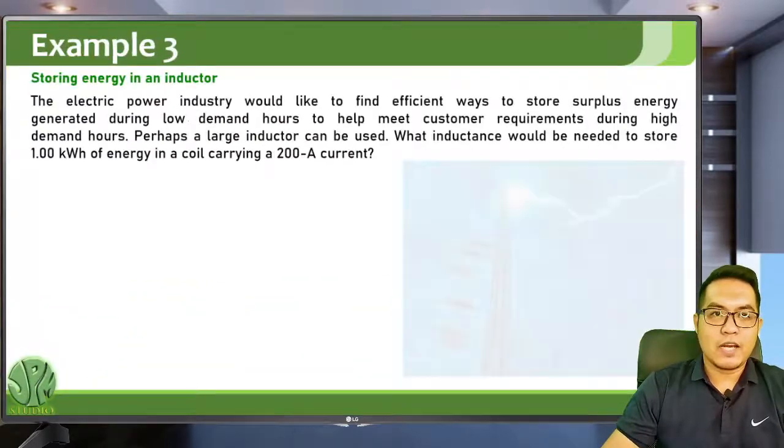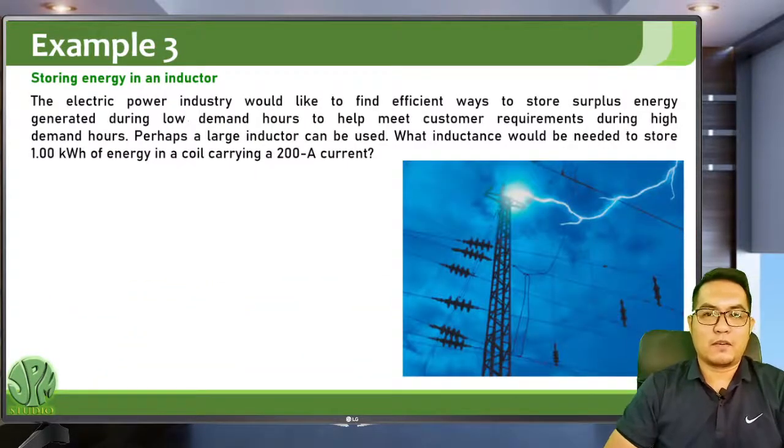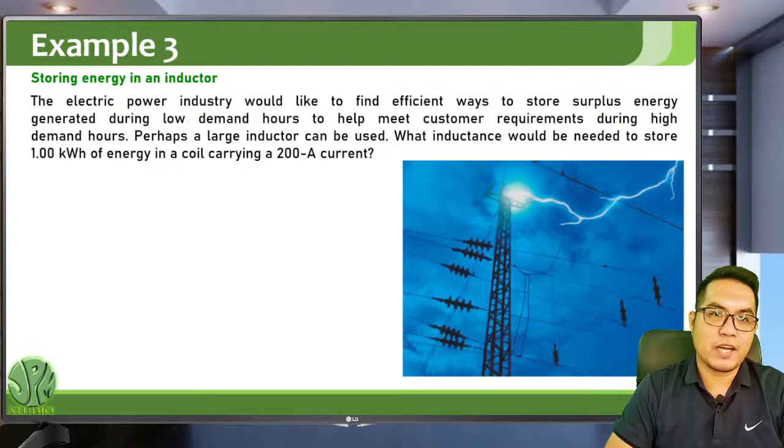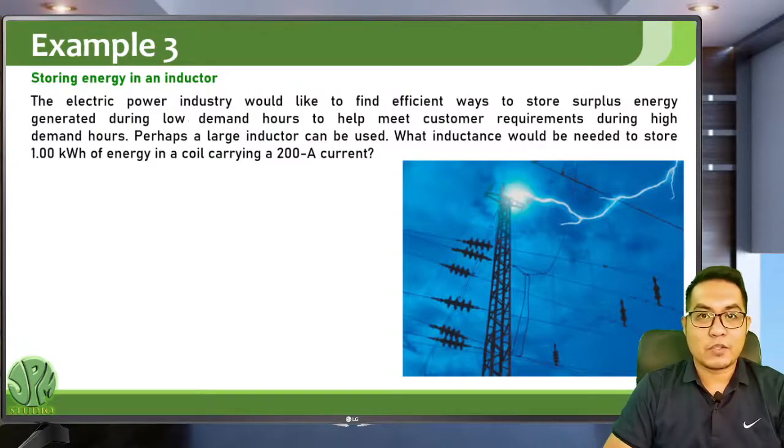So for our last example, this is an example of magnetic field energy. The electric power industry would like to find efficient ways to store surplus energy generated during low demand hours to help meet customer requirements during high demand hours. So actually this is what happens in our electrical power system. During low demand hours, during the night, for example, inductors actually store energy.